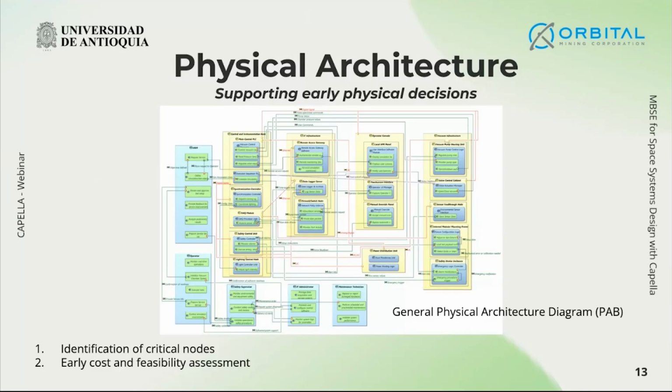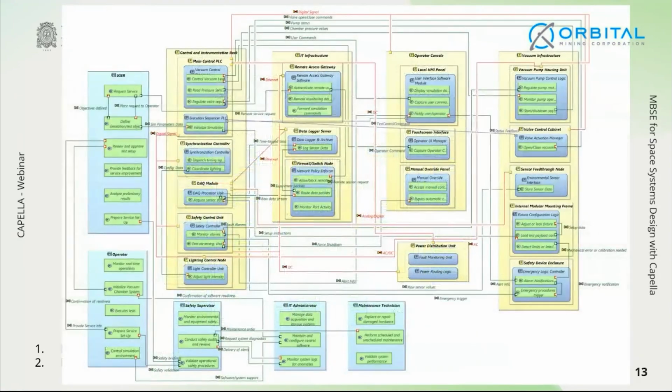So this physical architecture includes a lot of things like vacuum pumps, valves, sensors, PLCs, operator consoles, safety devices, etc. Here is a little bit bigger, so you can see it a little bit more.